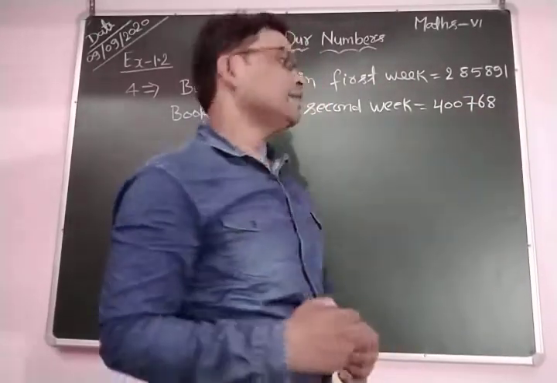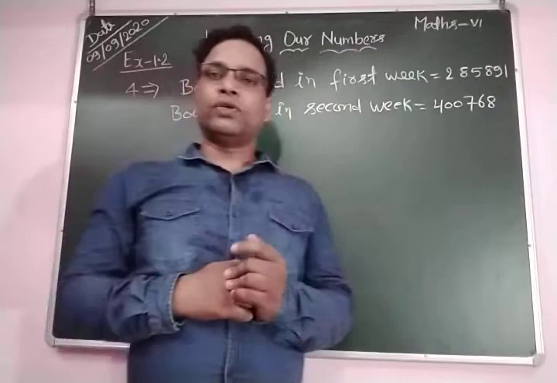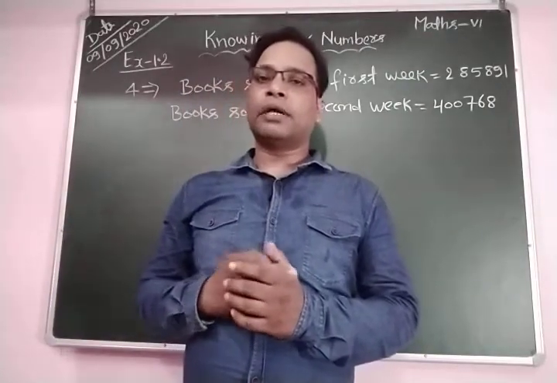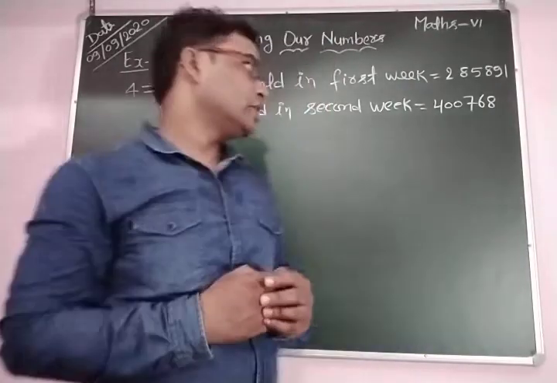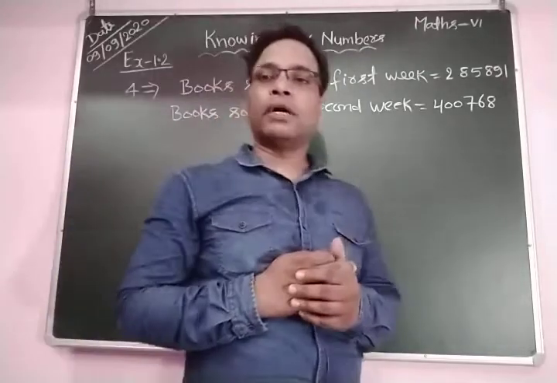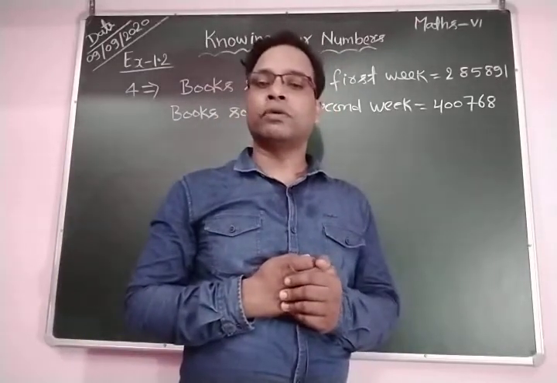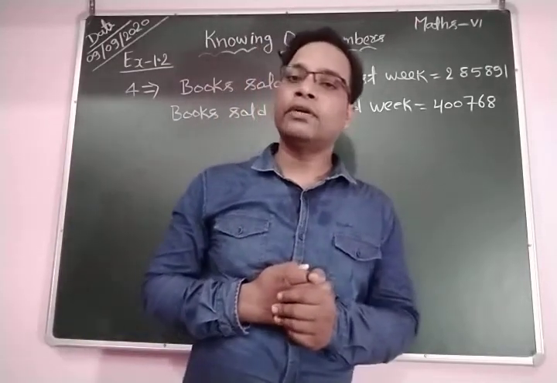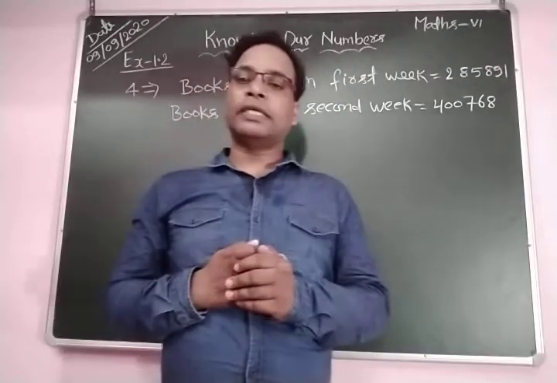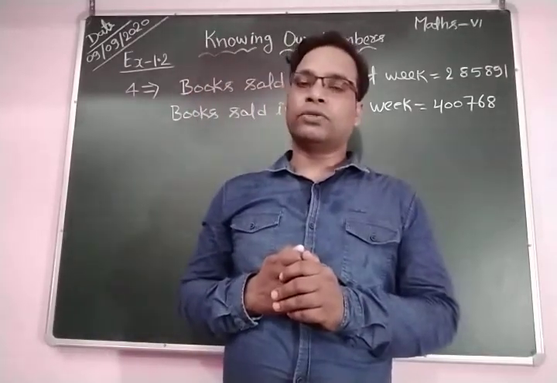Okay, this is the information that in 2 weeks the number of books sold. In the first week 2,85,891 books were sold, and in the second week 4,768 books were sold.